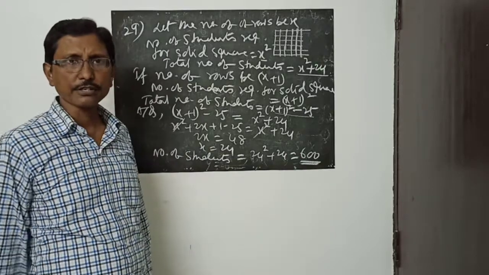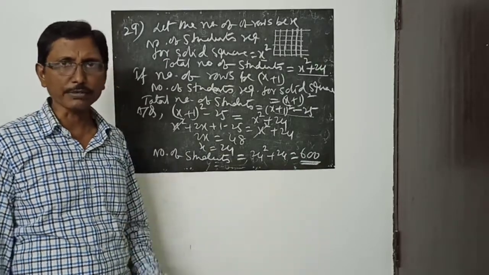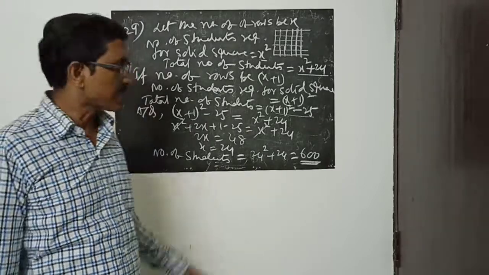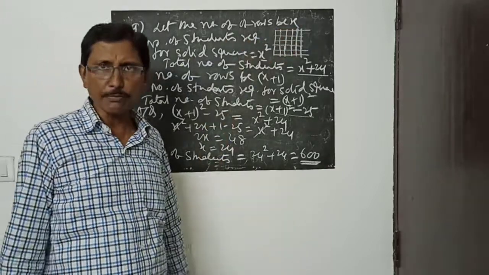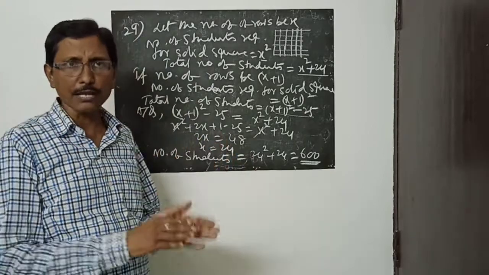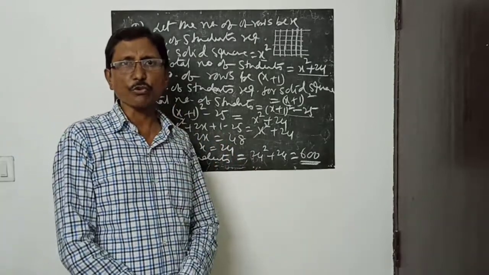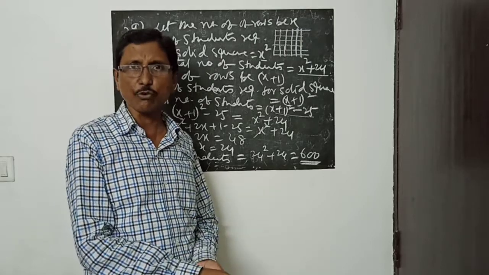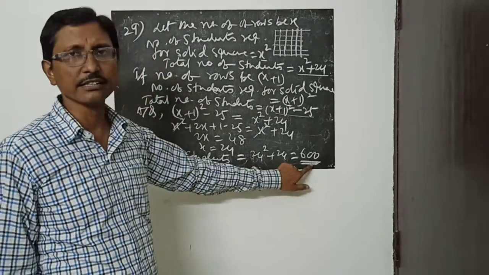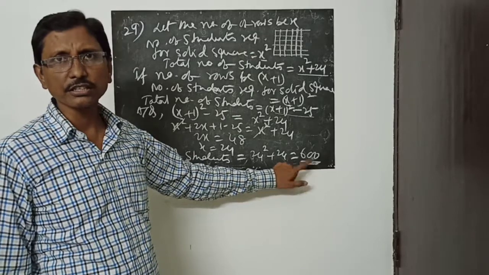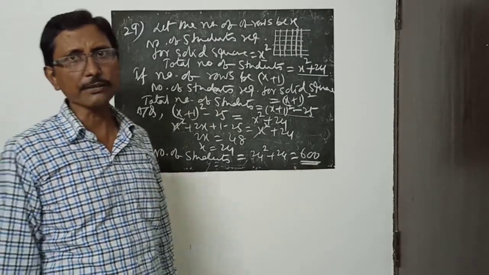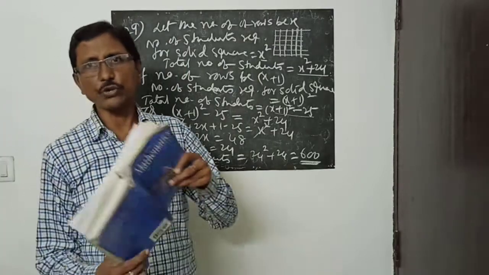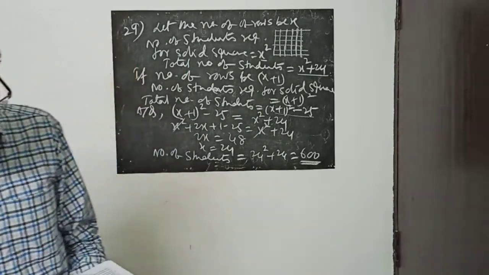So how much is left? 24 is left, 600 minus 576. But if he increases the number by 1, the number of rows becomes 25. Then the number of students required for the square form is 25 into 25, 625, but we have 600. So short is 25. That means we are correct.